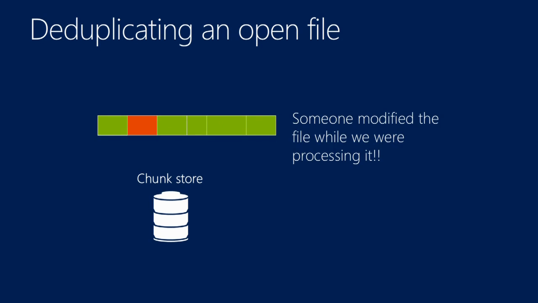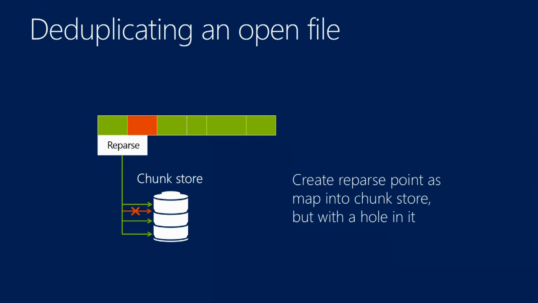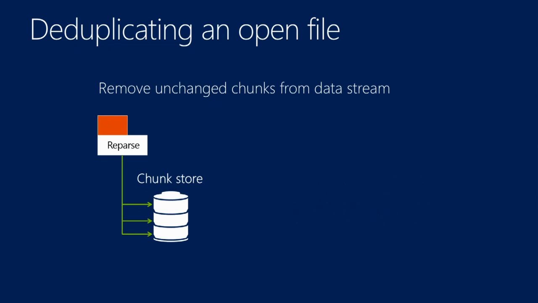So what we do is we take the chunks that have not been modified, and we put those into the chunk store, just like we did before. But in this case, we have a chunk that's been modified, and so there's a hole in the chunk store map. So we removed the unchanged chunks, and now we have a reparse point that points to the chunks that are in the chunk store, and there's one modified chunk that's outside the chunk store.